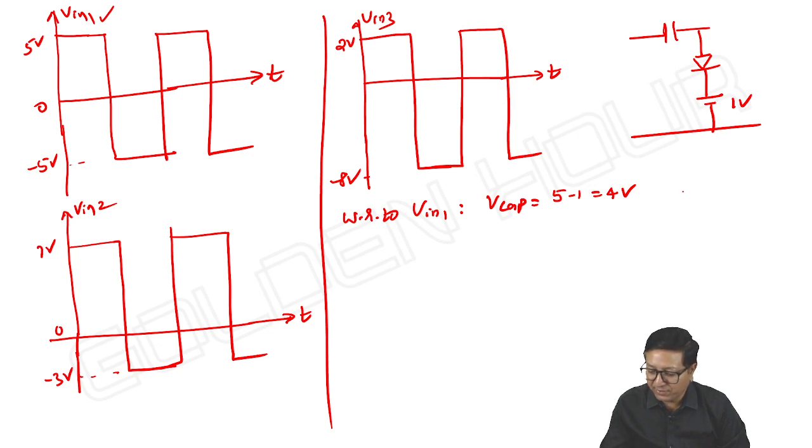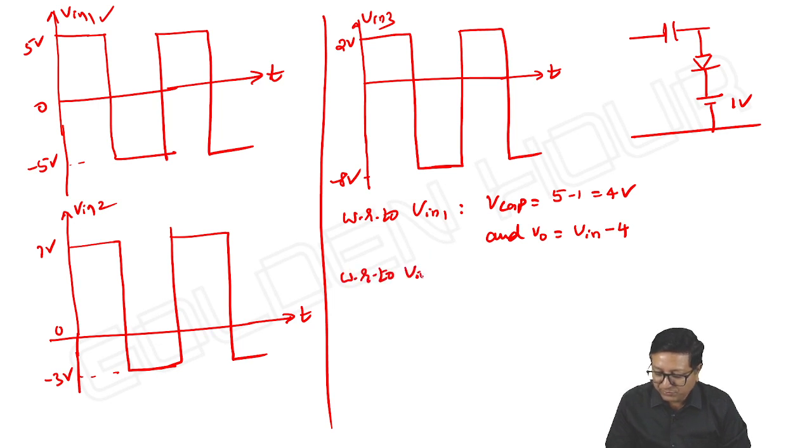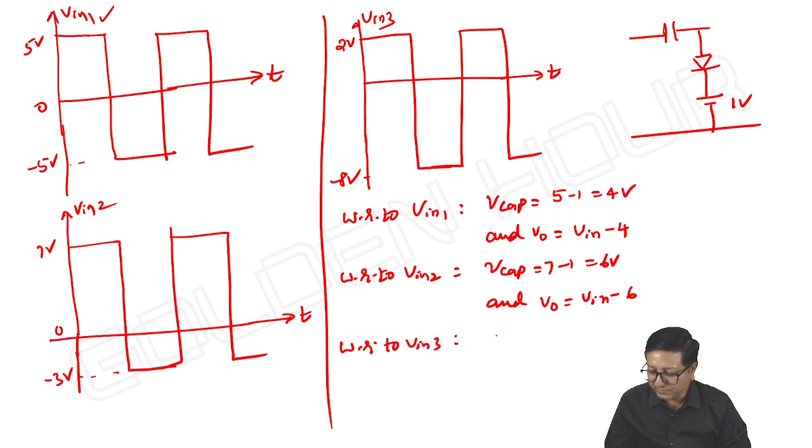And V output is equal to input minus 4. With respect to V input 2, V capacitor is equal to 7 minus 1, 6 volts. And V output is equal to V input minus 6. And with respect to input 3, V capacitor is equal to 2 minus 1, it is 1 volt. And hence V output is equal to V in minus 1.